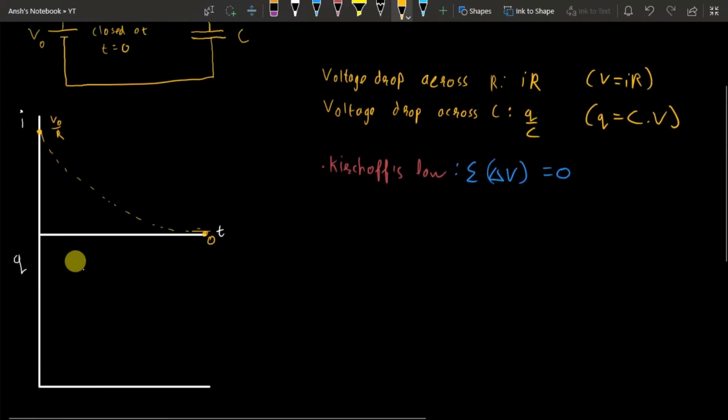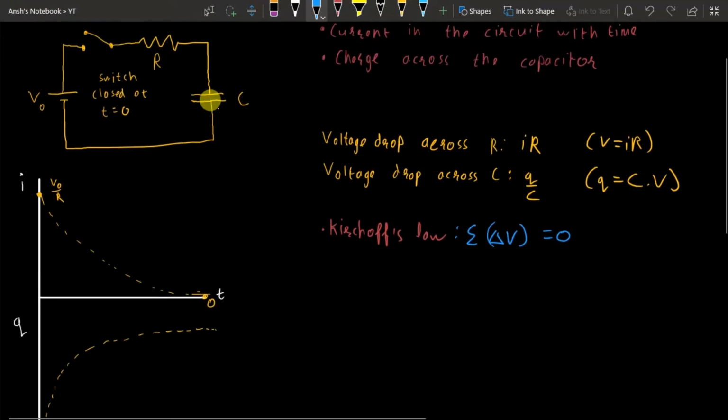Now the charge that is stored in the capacitor. Initially, as the capacitor is uncharged, we will have zero charge inside the capacitor, and the stored charge rises in the following manner and attains a maximum value. The maximum value can be easily found, since once the capacitor is completely charged, it will have a potential equal to V naught, as it stores enough charge to oppose the battery completely.